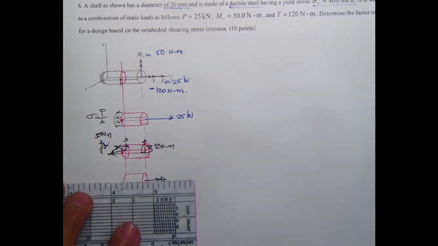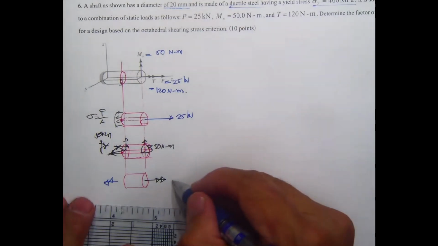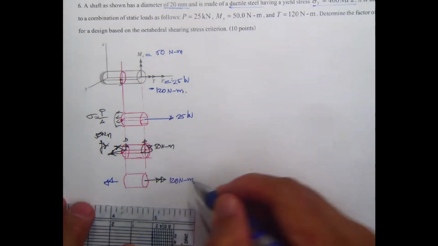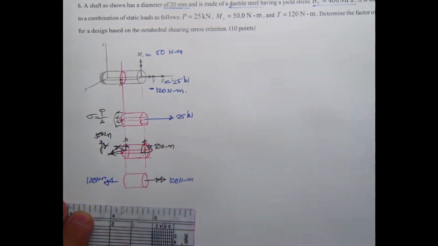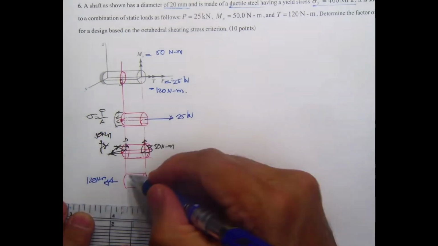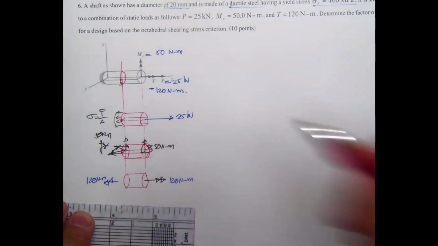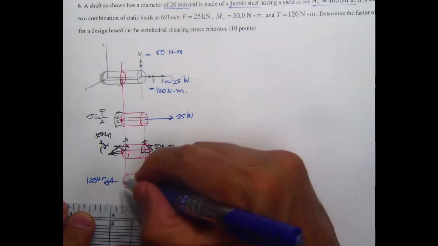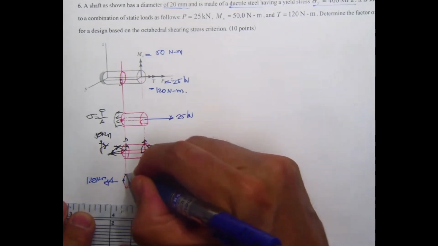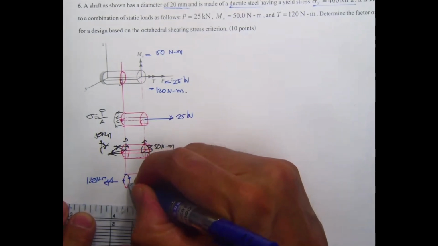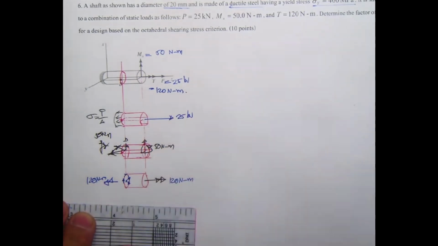For the torsion, you will have this torsion, that's 120 Newton meter. Thinking about this section, you will have the shear stress distributed along this one and zero over here.